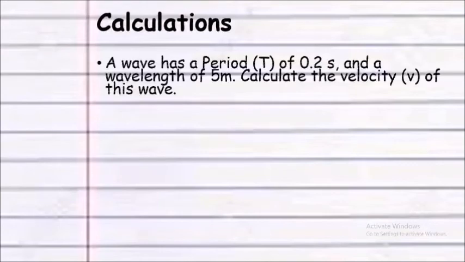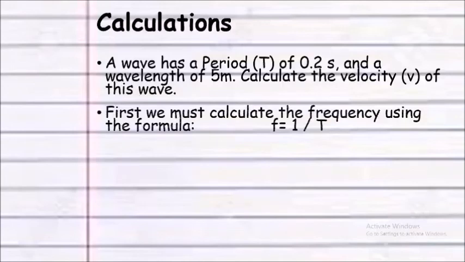Let's try an example. A wave has a period T of 0.2 seconds and a wavelength of 5 meters. Calculate the velocity of this wave. Here we must calculate the frequency before we can calculate the velocity. First we must use the formula f equals 1 divided by the period.